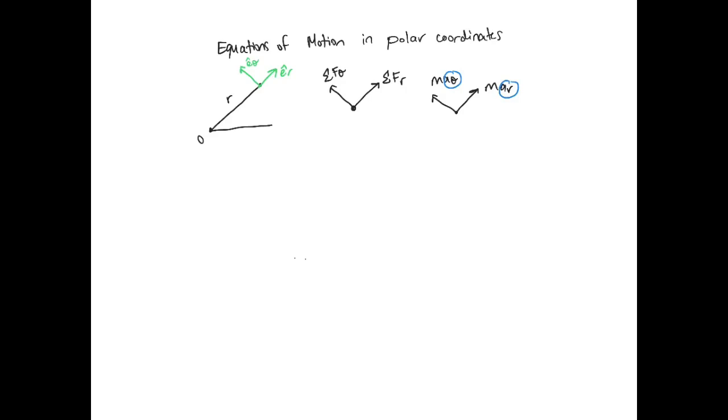So the summation of force transverse is equal to mass times R double dot minus R theta dot squared, and the summation of forces radial would be equal to mass times R theta double dot plus 2R dot theta dot. And then we just plug and chug our equations.